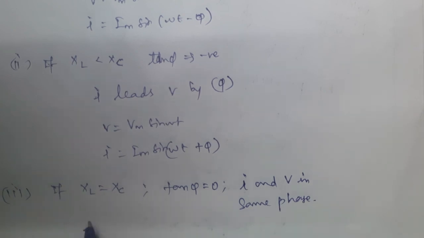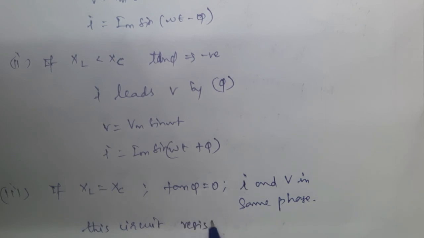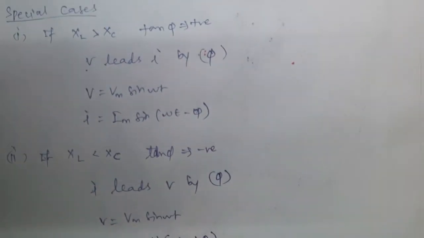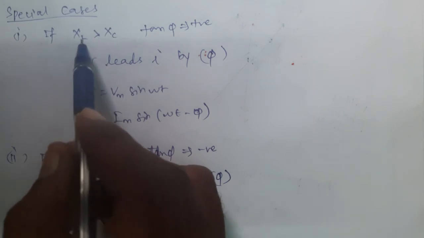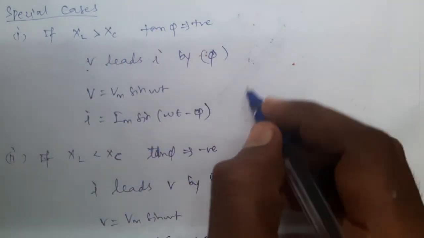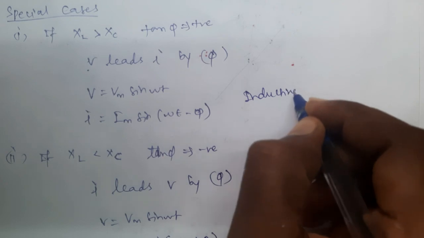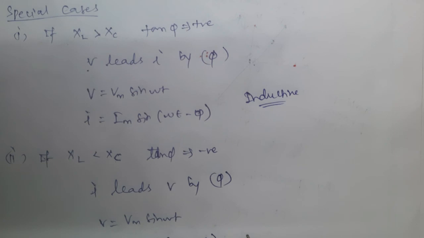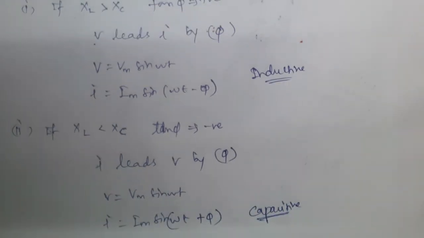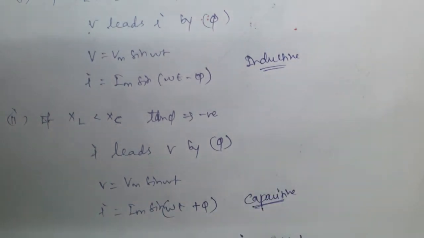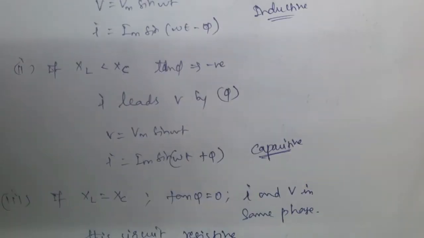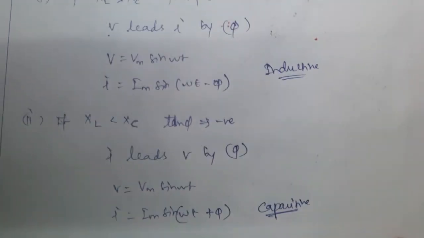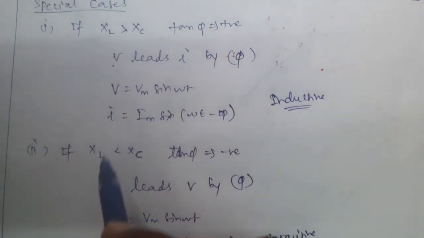Like that, we discussed here the inductive predominant circuit, meaning the circuit is inductive. Here we discussed the capacitance predominant circuit, so the circuit is capacitive. So the LCR circuit may be inductive, capacitive or resistive, depending on the difference between XL and XC.